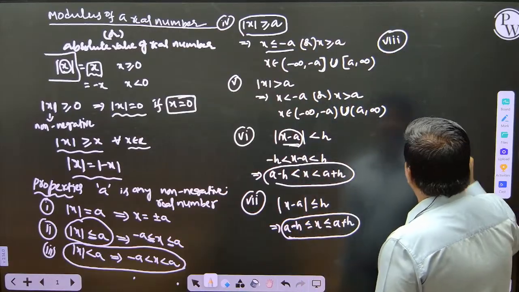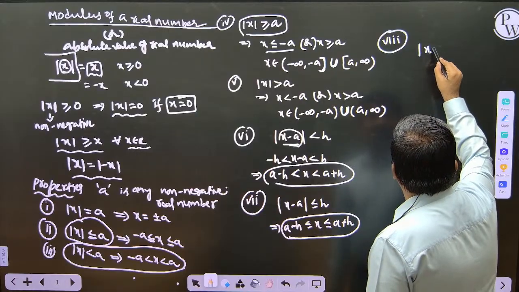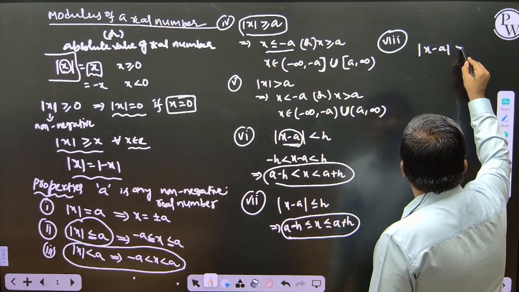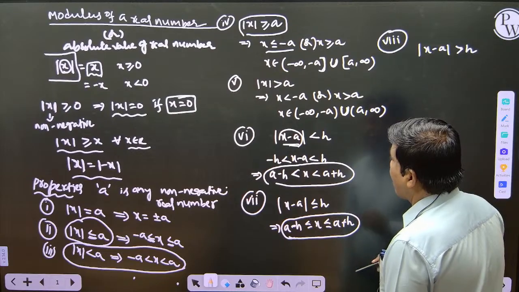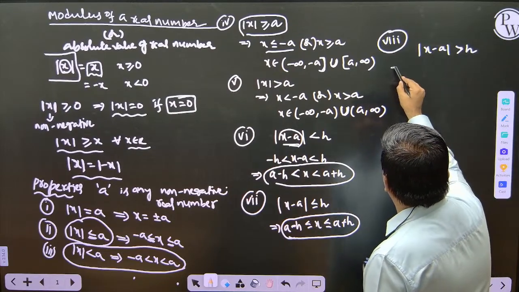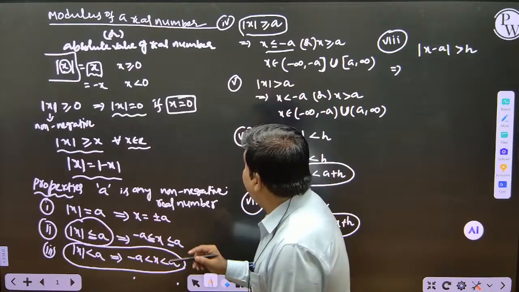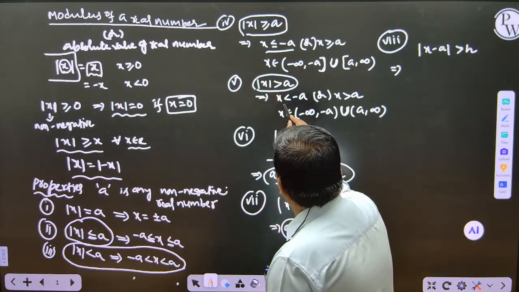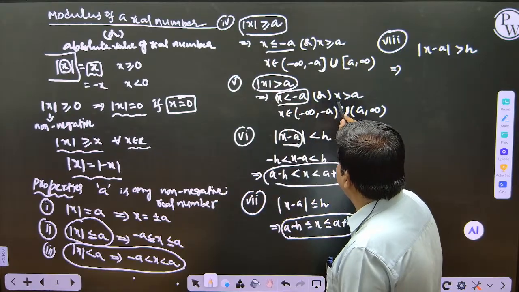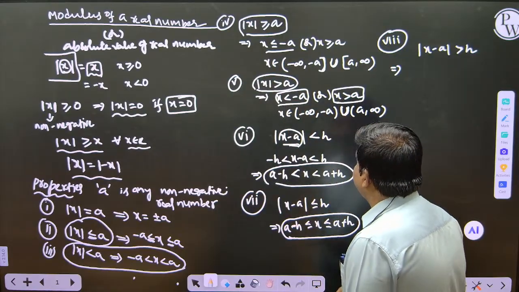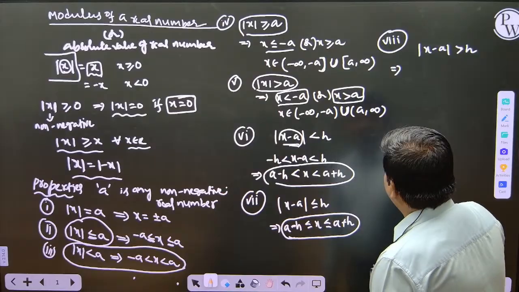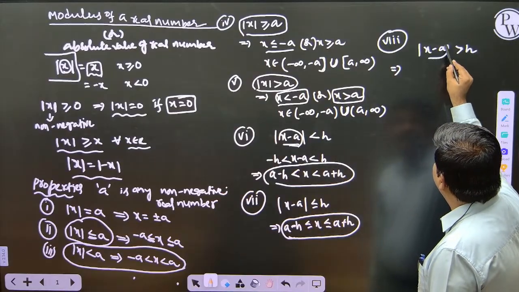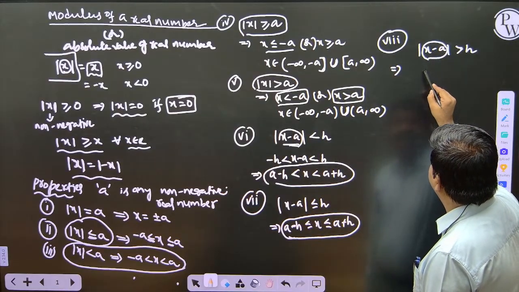Next one is what? Modulus of x minus A greater than h. I already told you that modulus of x greater than A means x less than minus A or x greater than A. But here x minus A is there.